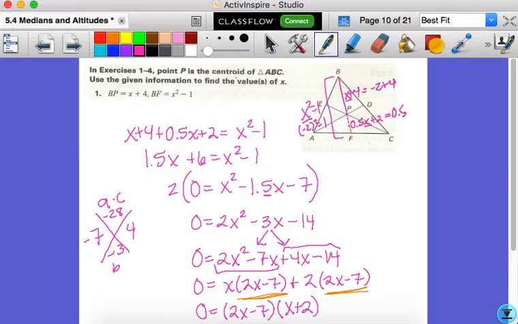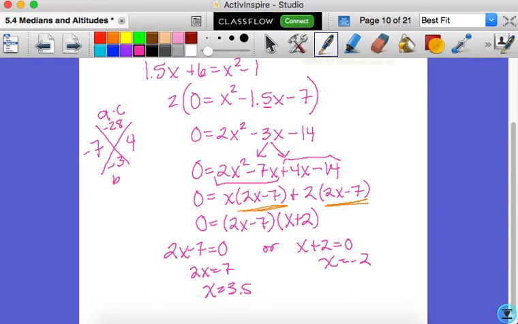Half of negative 2 plus 2, so that's negative 1 plus 2, that is 1. So all of those are still positive distances. Even though we end up with a negative value here, it's still a valid answer because it doesn't make our distances negative. So both of those are completely valid solutions.